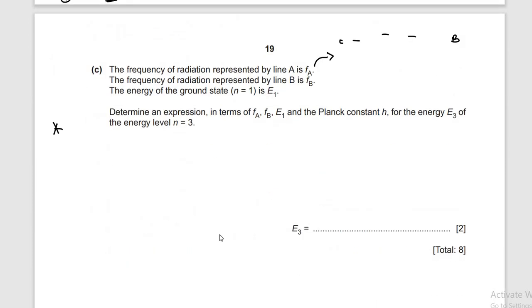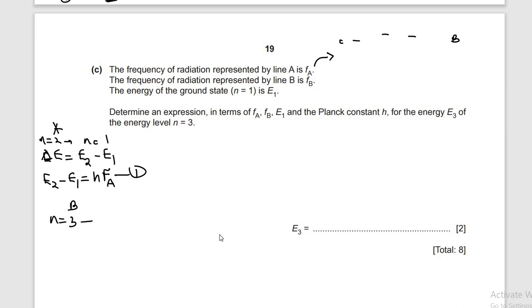If A is 2 to 1, from n equal to 2 to n equal to 1, the change in energy is E2 minus E1, which is equal to hFA. I call it equation 1. B is from n equal to 3 to n equal to 2. The change in energy for B is E3 minus E2, so E3 minus E2 equals hFB.